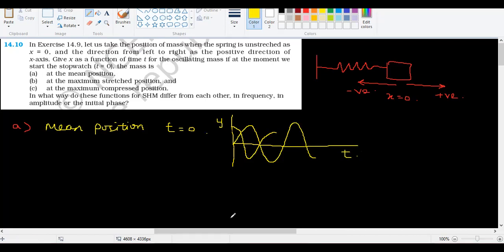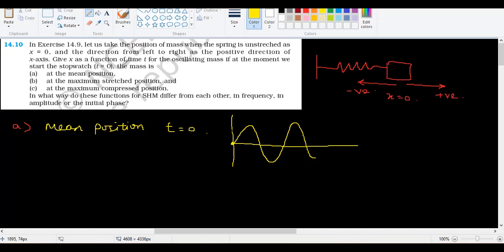Which one? I think the second one, sir. Second one. Any other answers? When time t is equal to 0, you are at the mean position, which means zero position. That means it should be sine, not cos. Do you agree or not? Yes. That means when time t is equal to 0, displacement is 0.